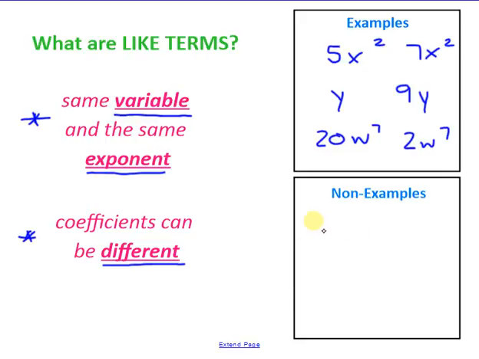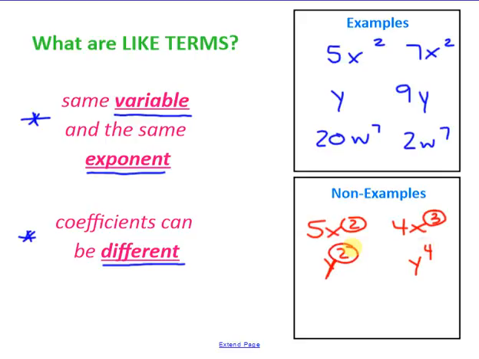Some non-examples would be 5x squared and 4x to the 3rd. Yes, the variables are the same, but the exponents are different here, and so they are not like terms. Another non-example would be y to the 2nd power and y to the 4th power.